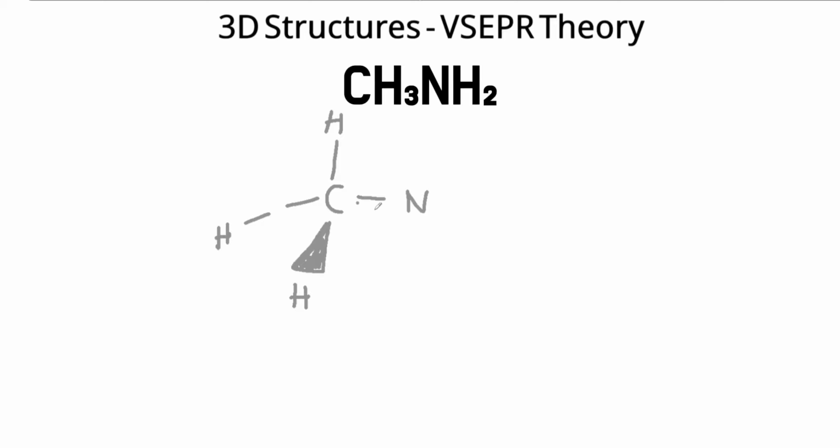See, this is now your tetrahedral shape. Now for this one, you have a normal bond here, so you still have to do your triangle bond and your dashed one for the trigonal pyramidal, and this would be your VSEPR theory structure. And then for naming, you would just name both. So you'd say there's a tetrahedral and trigonal pyramidal.